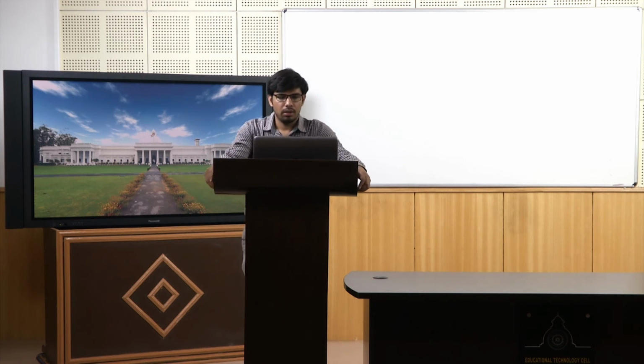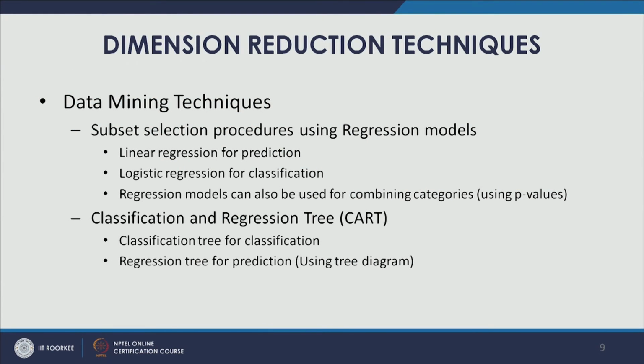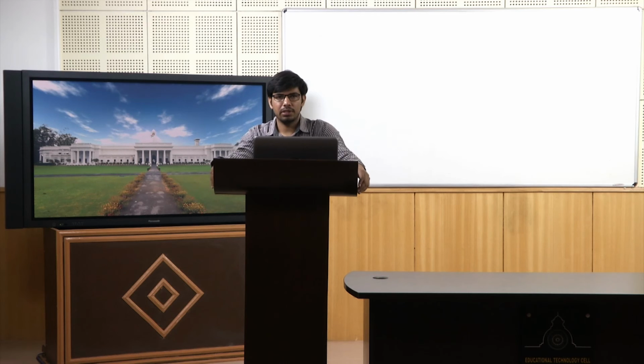Regression models can also be used for combining categories. We can use p values to find out if there are categories which are insignificant. If a category is insignificant, it can be combined with the reference category, and this category can be eliminated.